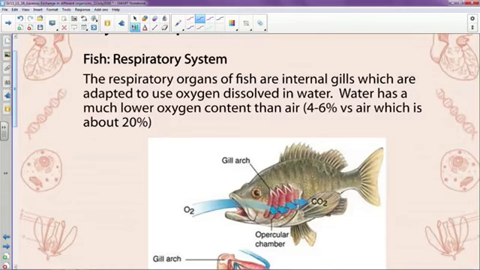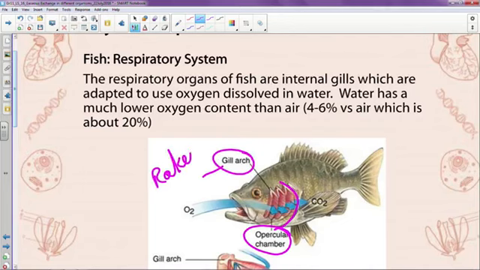They're slightly below an external covering called the operculum. When you look at the gill slits, you'll find that they are present under an external flap called the operculum, and that is the opercular chamber. Underneath that, you'll find that there are gill arches, and these gill arches contain gill rakers, and these gill rakers basically receive the oxygen from the water, and that's going to diffuse through.